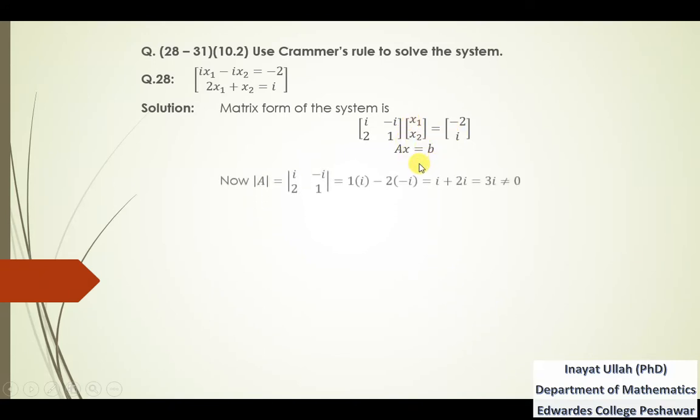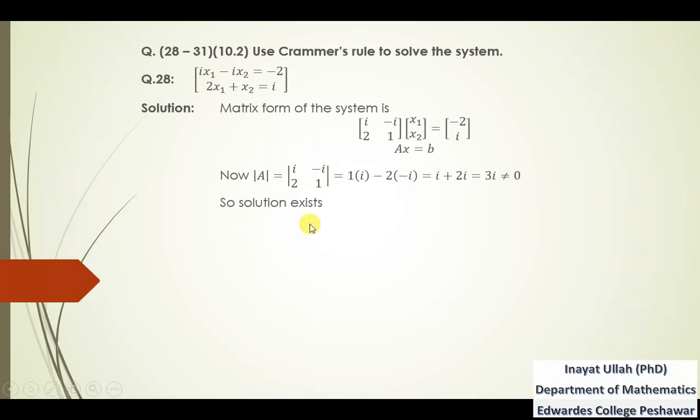Now for Cramer's rule, first we need to find the determinant of this matrix. The simple thing, ad minus bc: 1 into iota minus 2 into minus iota. 1 into iota is iota, minus minus is plus, so that is 2 iota. Iota plus 2 iota is 3 iota, and this is not 0. So the determinant of A is not 0, which means that a solution exists.